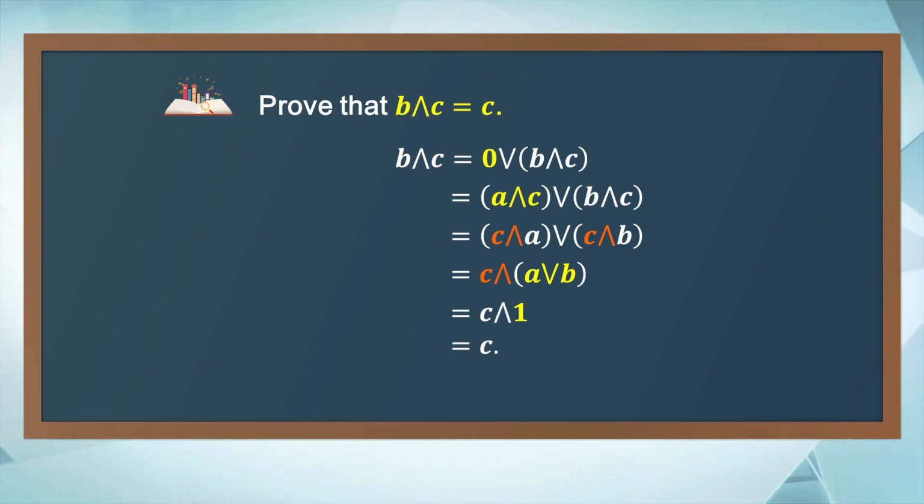The meet of C and 1 equals C. Now we have shown that the meet of B and C equals C. Therefore, B equals C. This completes the proof. This theorem says that each element in a Boolean algebra has a unique complement.